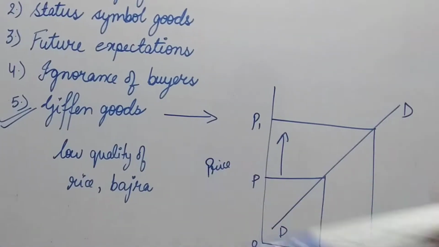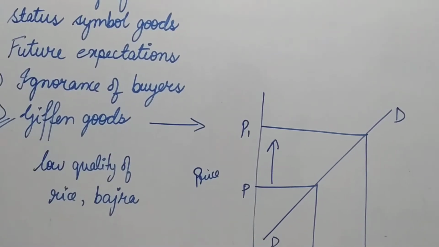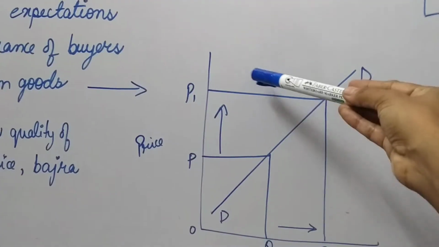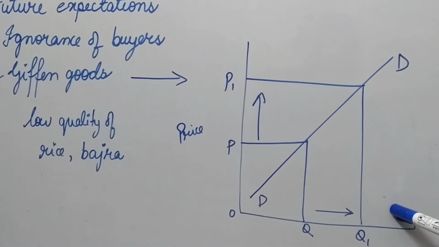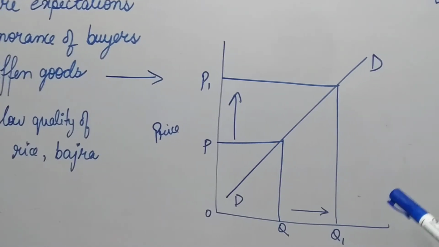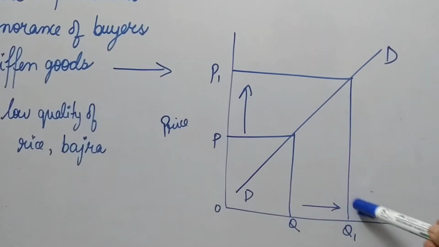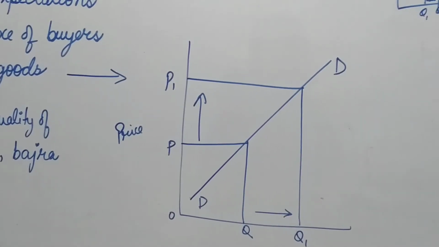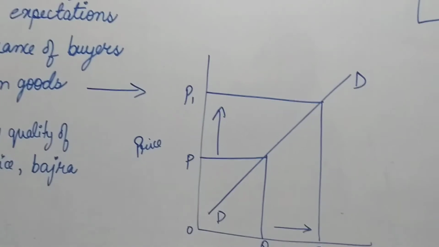When their price increases, consumers increase the quantity demanded, because they spend a large part of their income and switching to another commodity is unaffordable for them. But if the price reduces, they will reduce the quantity demanded, because now their real income increases, so they can shift to substitute goods.